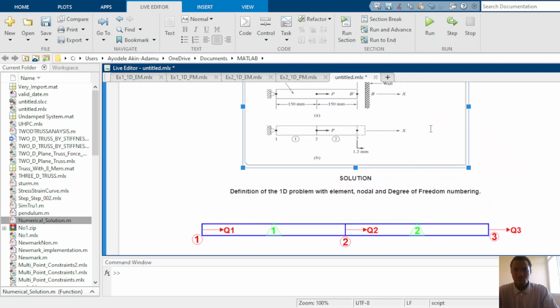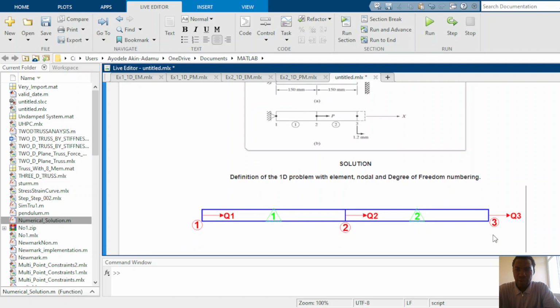The first thing we need to do, as I always tell you in my previous videos, is define the finite element model. So we are breaking the structural body down into two linear finite elements, finite element 1 and finite element 2. The finite element model has three nodes, node 1, node 2, node 3, and it has 3 degrees of freedom.